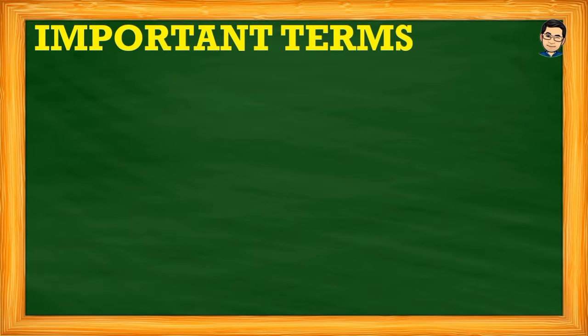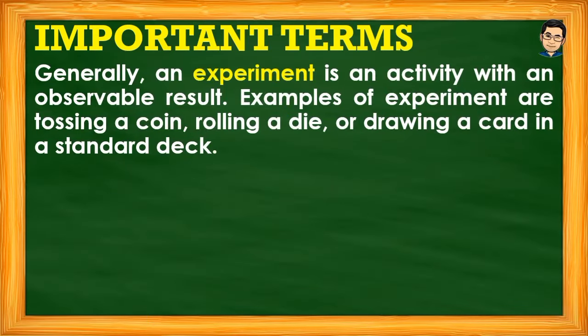Let us now proceed to the important terms on probability. So, first, we have the word experiment. So generally, an experiment is an activity with an observable result. And then examples of mathematical experiments are tossing a coin, rolling a die, or drawing a card in a standard deck.